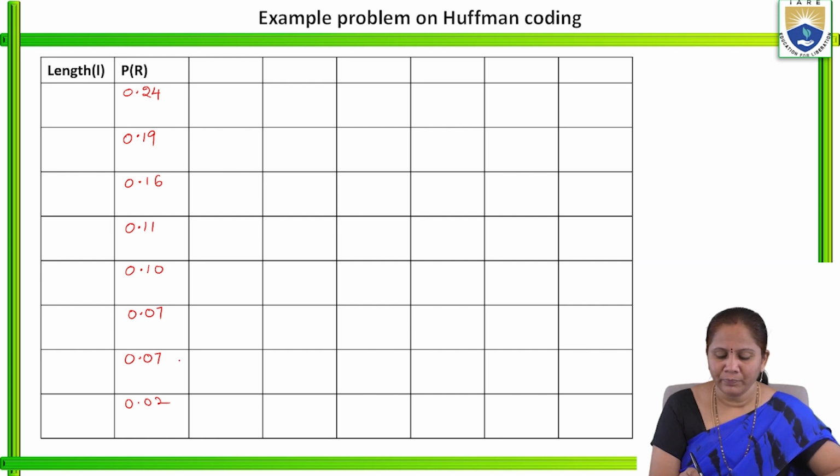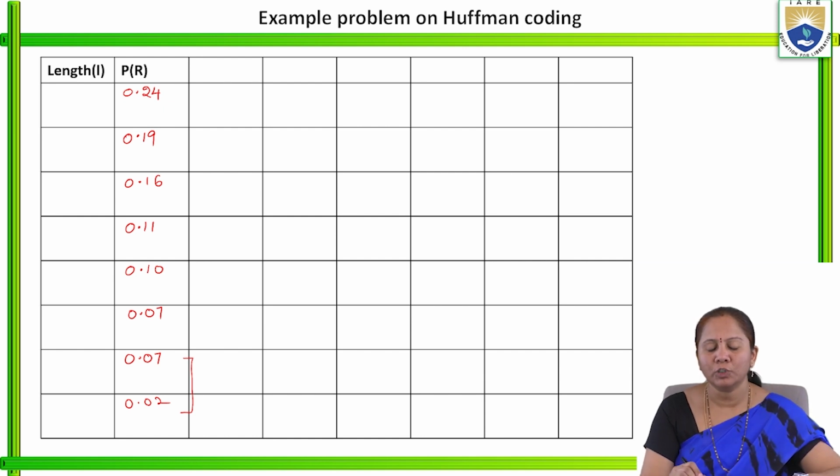So 0.07 plus 0.02, the value we are going to get is 0.09.